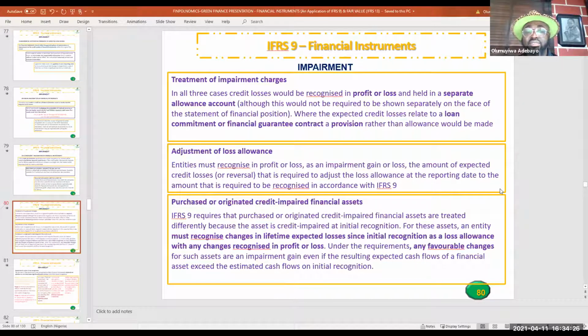Okay, under this requirement, where there are any favorable changes, such that an asset has an impairment gain, such a gain will have resulted from an improved cash flow arising from that financial asset, and such will also be recognized as it occurs in your profit or loss.